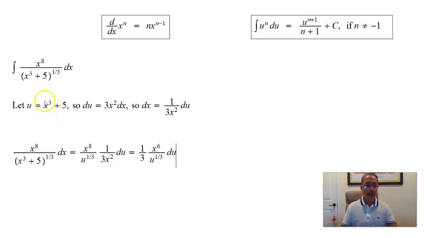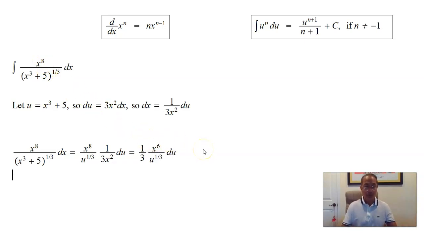Because we can solve for x cubed in this equation, and x to the 6th is simply the square of x cubed. So I'm going to be the first to admit to you that this problem is a little bit rigged, that 8 is very special. It allows us to get a 6th power, which works very well with our u. If this were a 7 or a 9, then yeah, we're kind of out of luck.